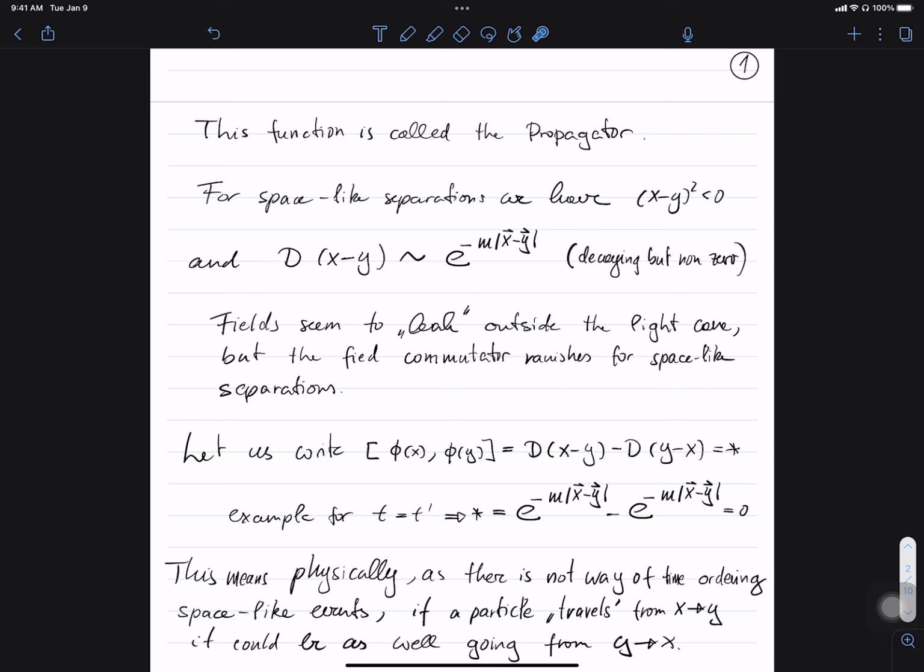And this actually will show us, as a simple example where the times are the same but the spatial components are different, so this is an absolutely clearly space-like separation, that those two functions exactly cancel each other to give us 0. So there's an interesting symmetry or structure in this theory, which preserves causality, even though the propagators on the quantum level seem to leak out of the light cone.